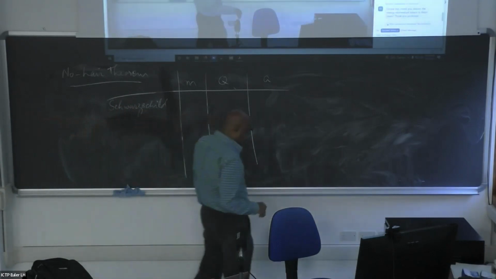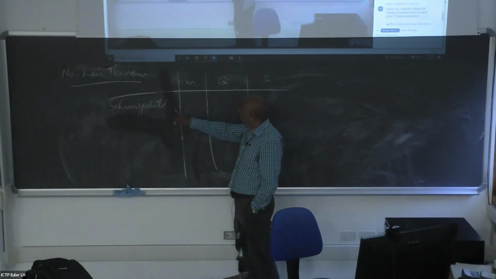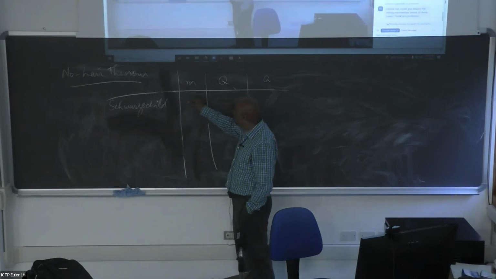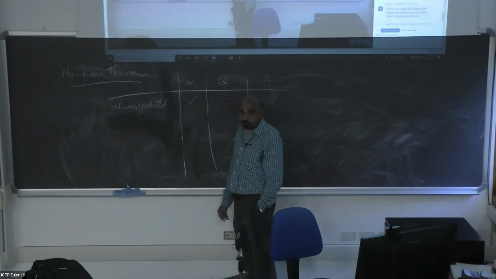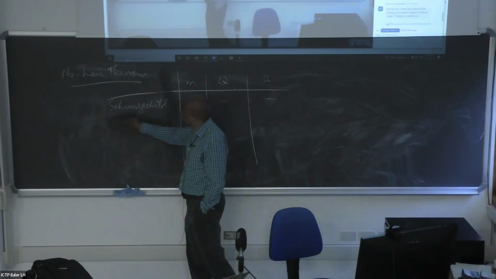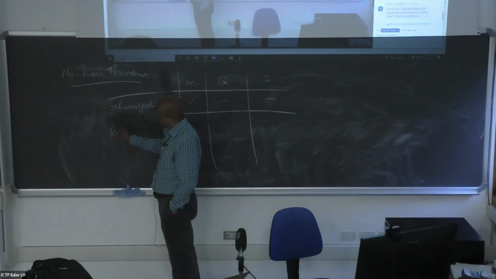So in the Schwarzschild case, we only have this mass, and we do not have this. The next, Reissner and Nordström.